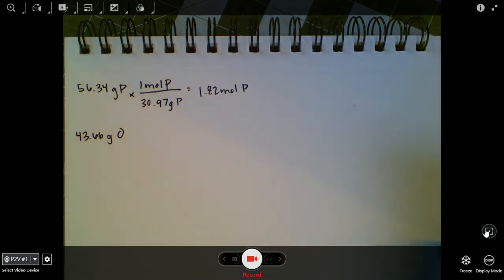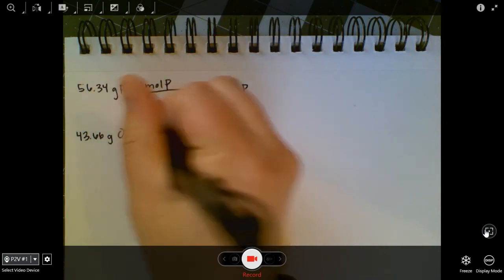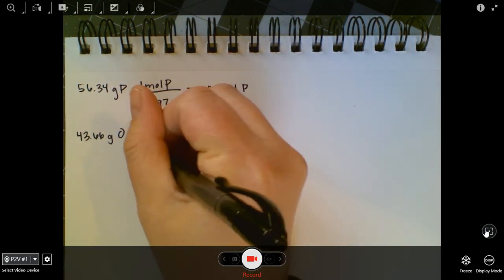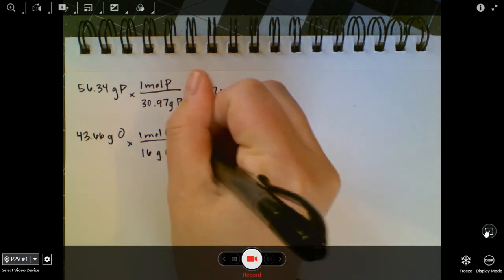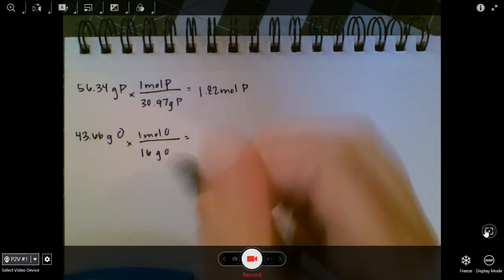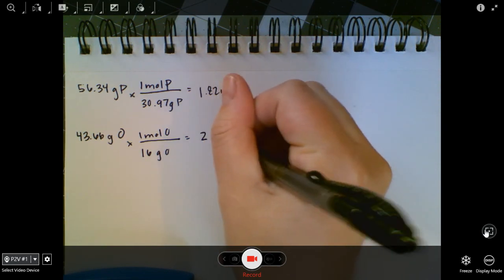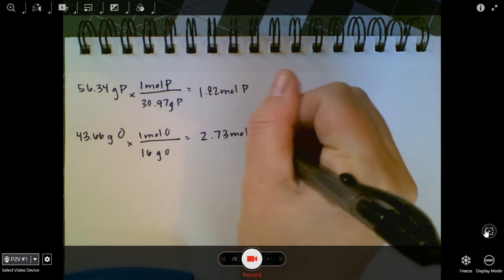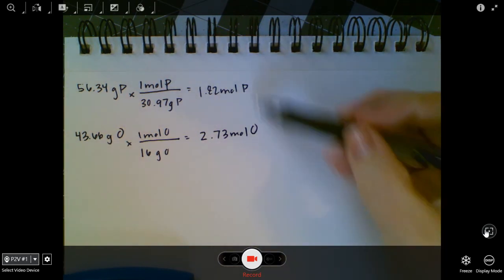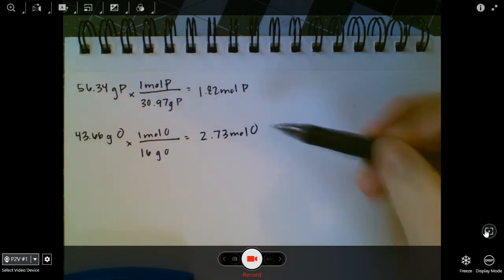Okay, so I'm going to repeat the same thing for oxygen. 1 mole of oxygen is 16 grams of oxygen. And if I check my math just one more time to confirm, I'm going to get 2.73 moles of O. Now, one of the biggest mistakes I see people making is they say, oh, this is the ratio of the elements in the subscripts.